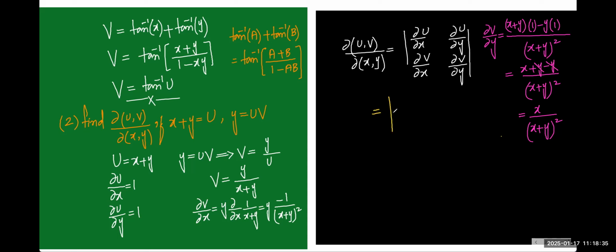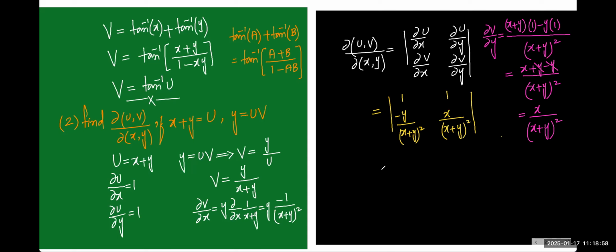Your first row will be 1 and 1. Second row answers, we can multiply with y, so minus y by x plus y whole square, and then x by x plus y whole square again.